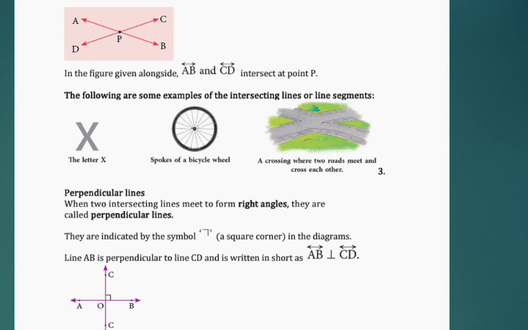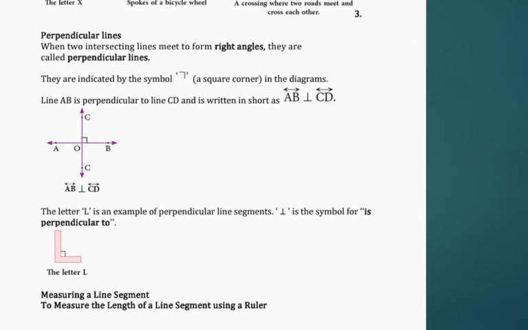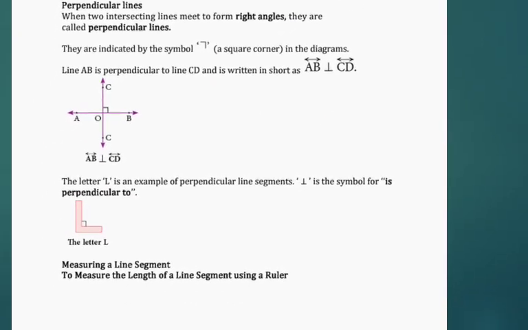Next are perpendicular lines. Perpendicular lines means when two lines intersect, you are taking intersecting lines. They should meet to form a right angle. The condition is it should form a right angle.